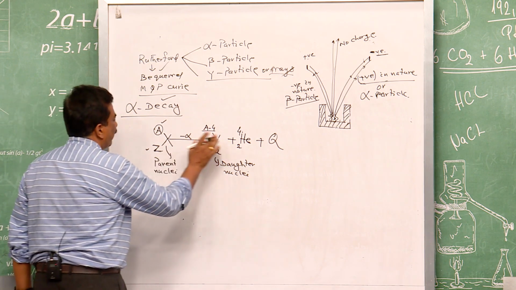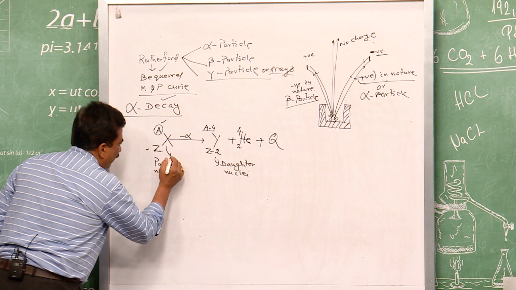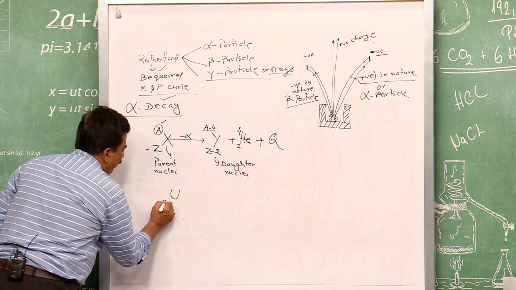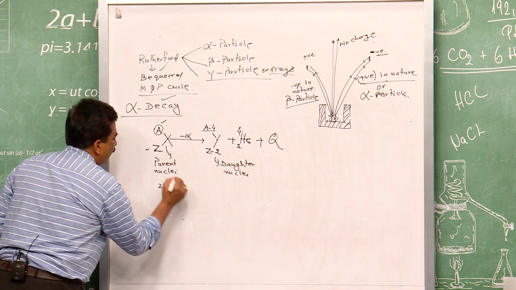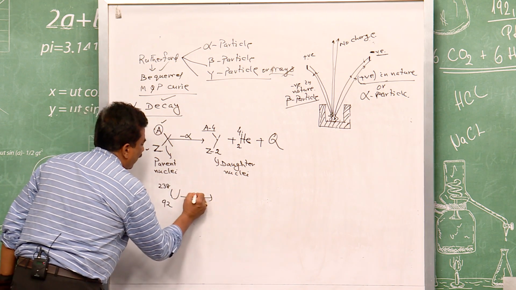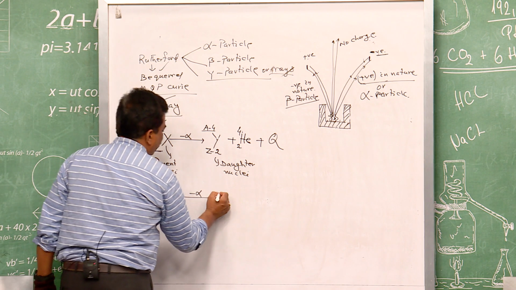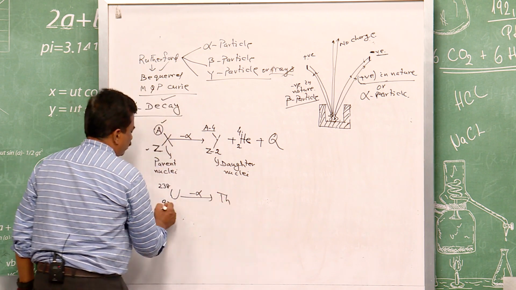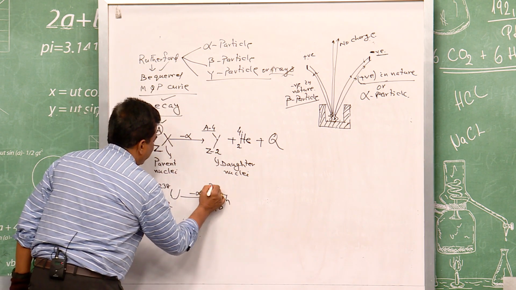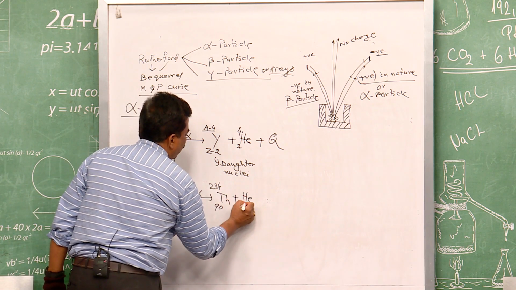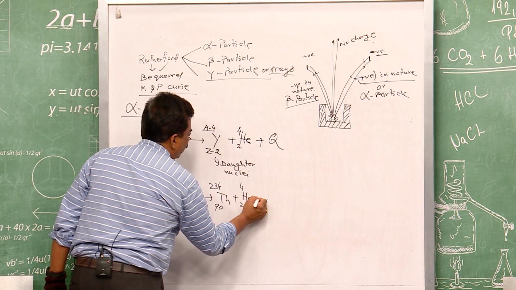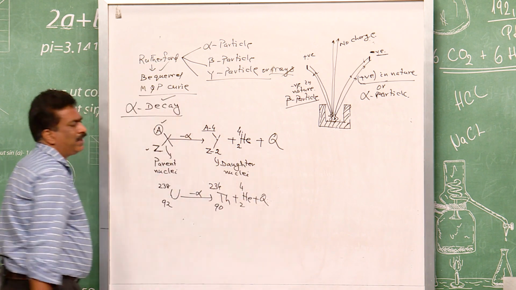For example, take uranium 92, 238, and let it emit an alpha. That will give you thorium 90, 234, plus He 2 4, plus some energy.